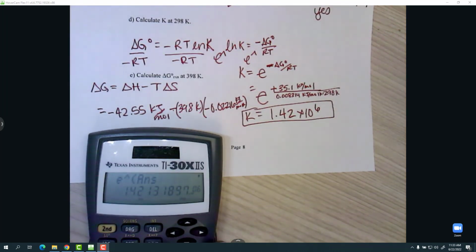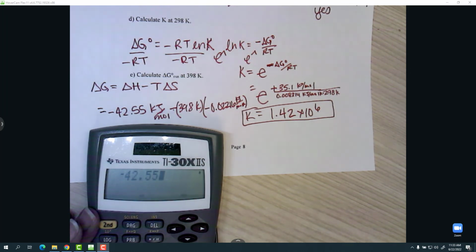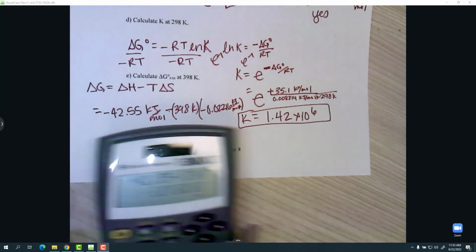All right, and I can put this in my calculator all together if I want, or in separate stages. I'm going to just do it together. Negative 42.55 minus, and then parentheses, 398 times negative 0.02216. Convert it back to floating decimal, and I get negative 33.7.